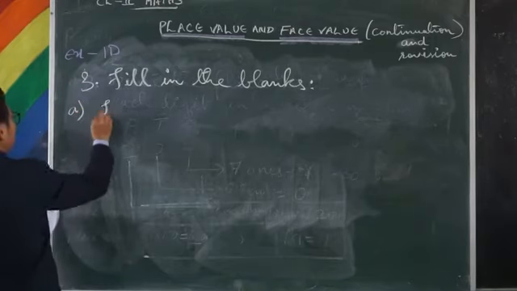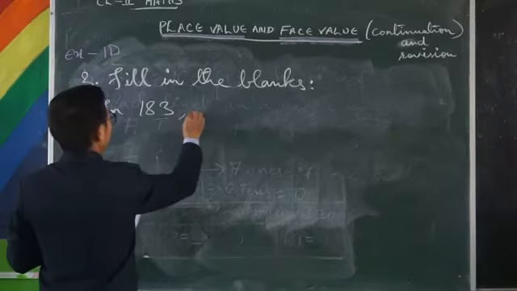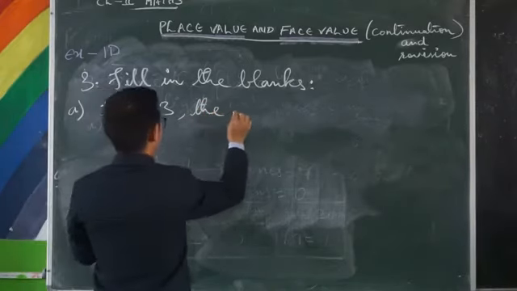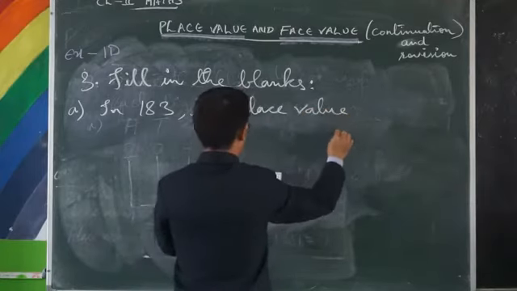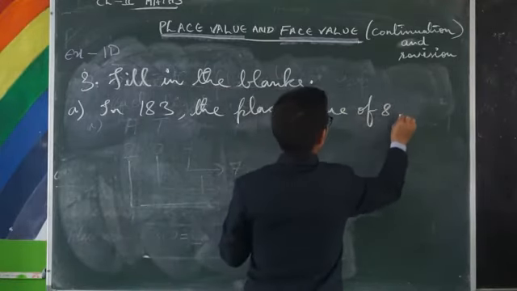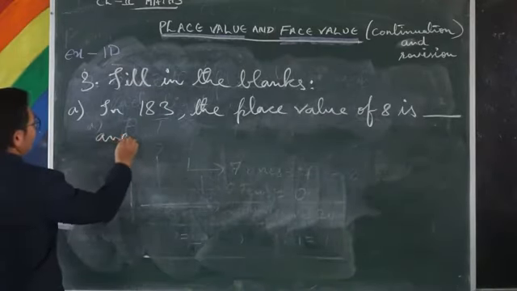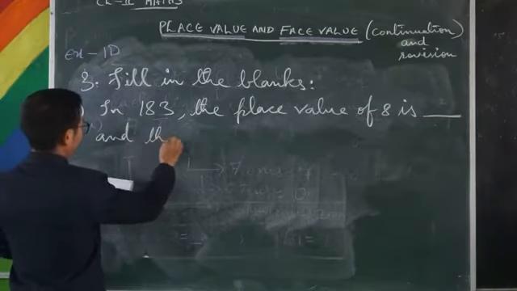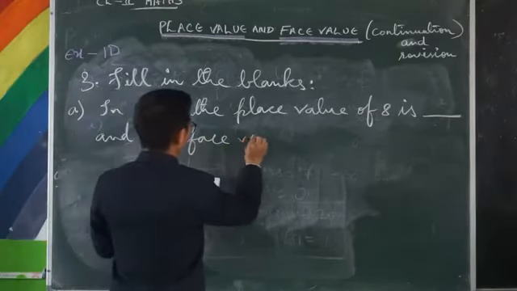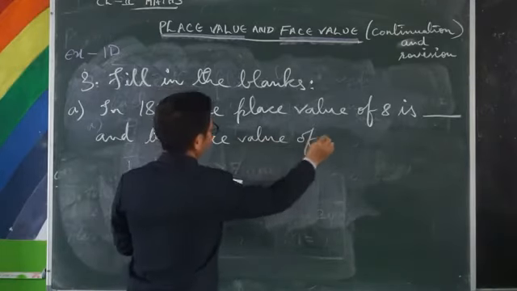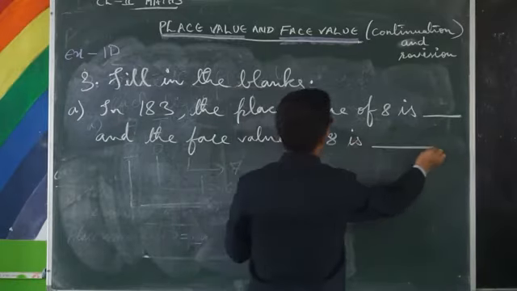Question A. In 183, the place value of 8 is dash, and the face value of 8 is dash.